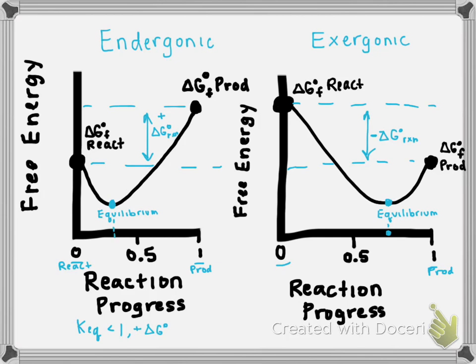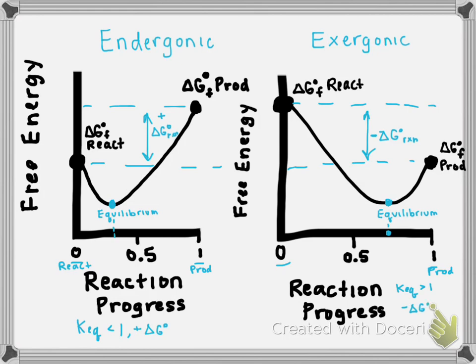And if our equilibrium favors the product side, that means our KEQ is going to be greater than 1, and that will happen when we have a negative delta G standard.